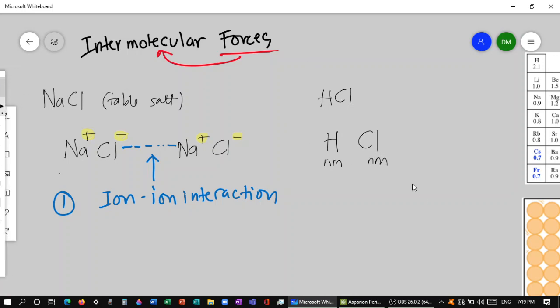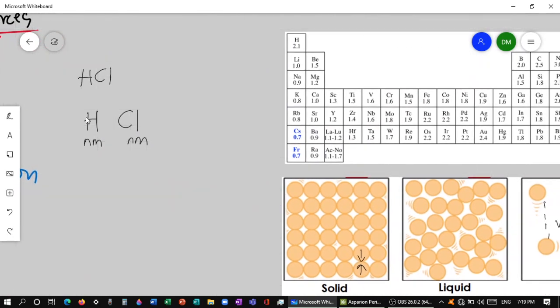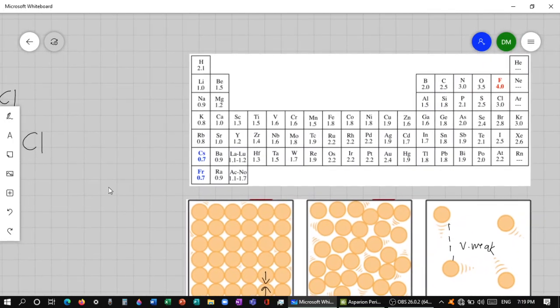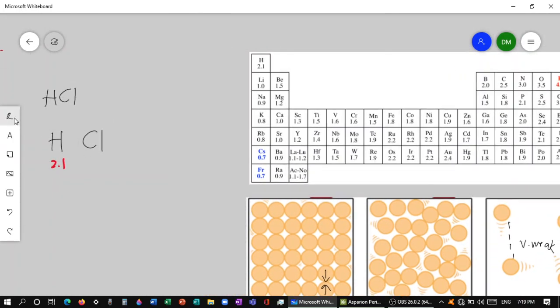For that, let's check the electronegativity of the atoms here. For hydrogen, the electronegativity is 2.1, and for Cl, the electronegativity is 3.0.